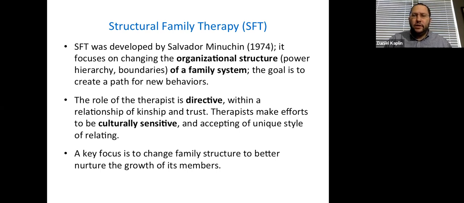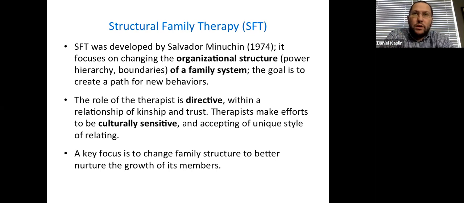So you would take some time to try and understand the value system of the family and the assumptions of the roles within the family before you take action, right? So each family might have their own unique way of relating, but it might be a violation through a Western eye, but it might not be a violation from a non-Western eye. So you have to be very careful. You have to be very sensitive.